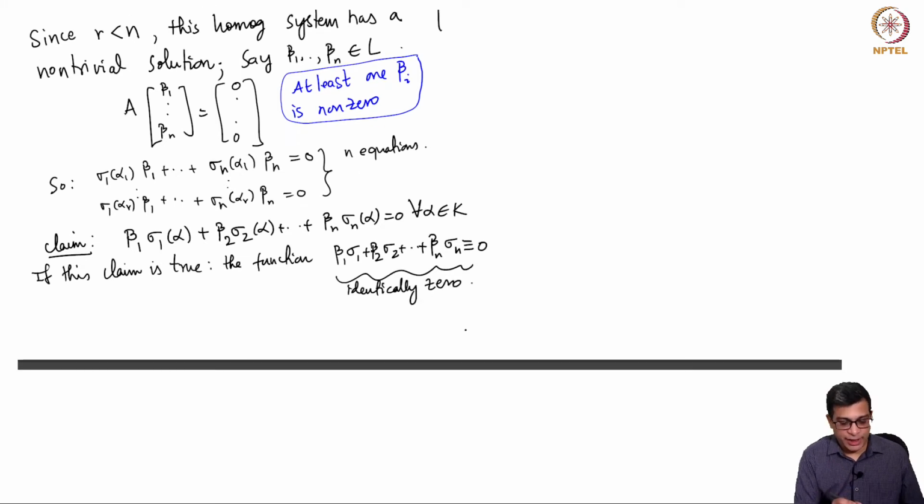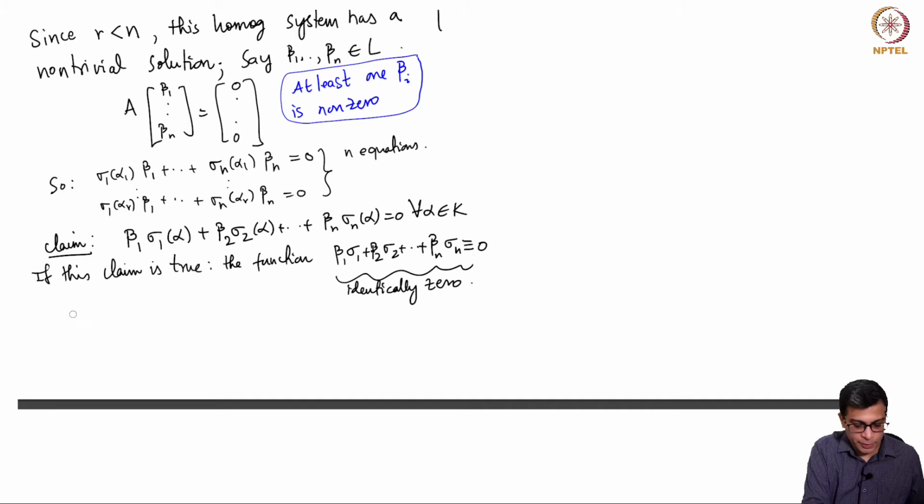But remember one of the beta i's is non-zero. So at least one beta i is non-zero.